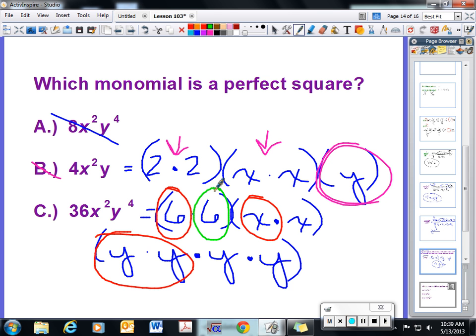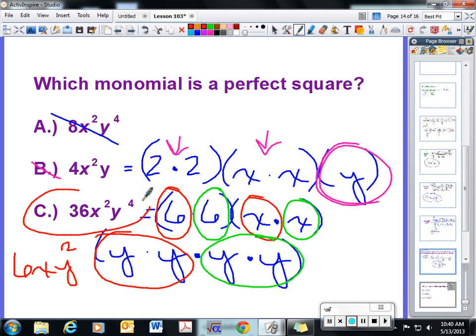So here we've got a 6, an x. So we've got 2 identical groups, one in red, one in green. So that means that one of those would be the square root. So the square root of that then is 6x y squared, because we broke it up into 2 identical groups that will multiply together to create a perfect square.